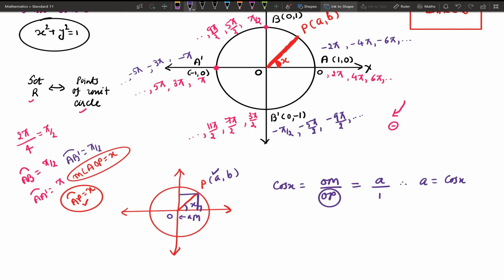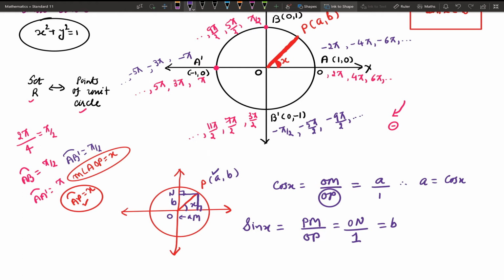Similarly, to get the y coordinate, you take the foot of the perpendicular; this distance will be b. So sin x is the opposite side PM upon OP. PM equals ON, OP equals the radius, and ON is the y coordinate, which is b. So it is actually the same definition we have studied: cos is adjacent upon hypotenuse, sin is opposite upon hypotenuse.